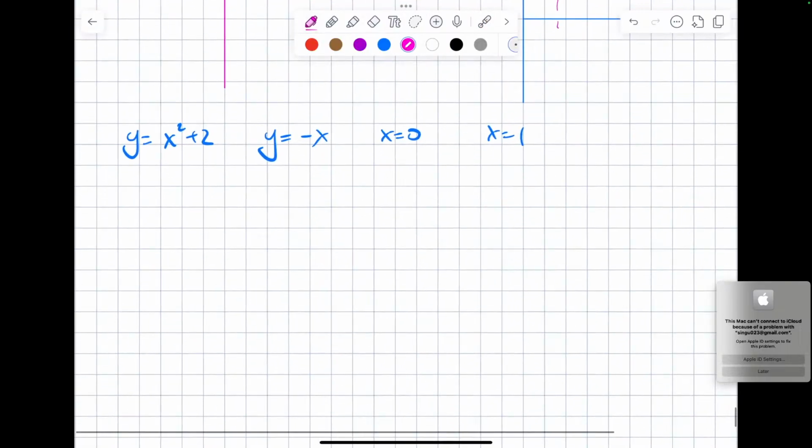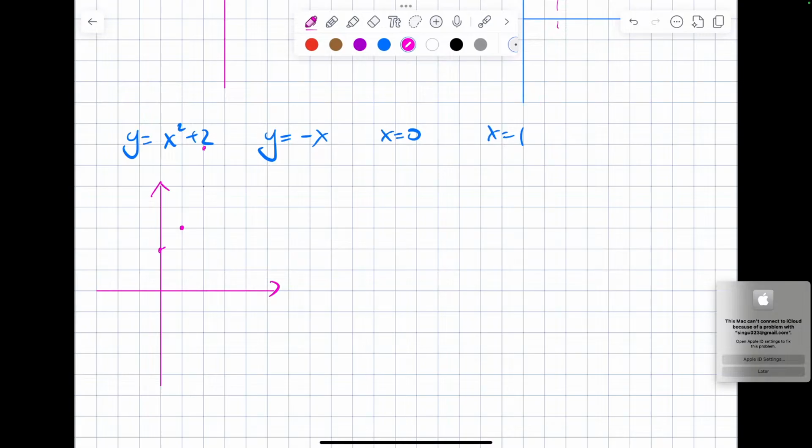So in this case, if I were to sketch this graph, it would look something like x squared plus 2, so it's going to be like this. And there's another function, negative x, so it's going to be like this.